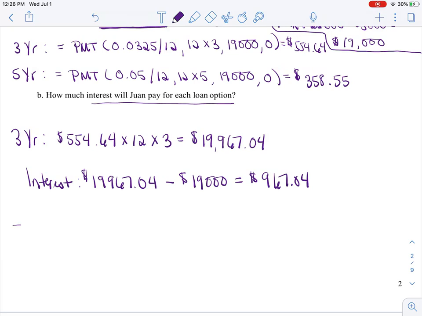Now with the 5-year plan, my monthly, or Juan's, I always want to take ownership of this car, I guess, is $358.55. We did it for every month, and we did it for 5 years. And that total comes to $21,513.